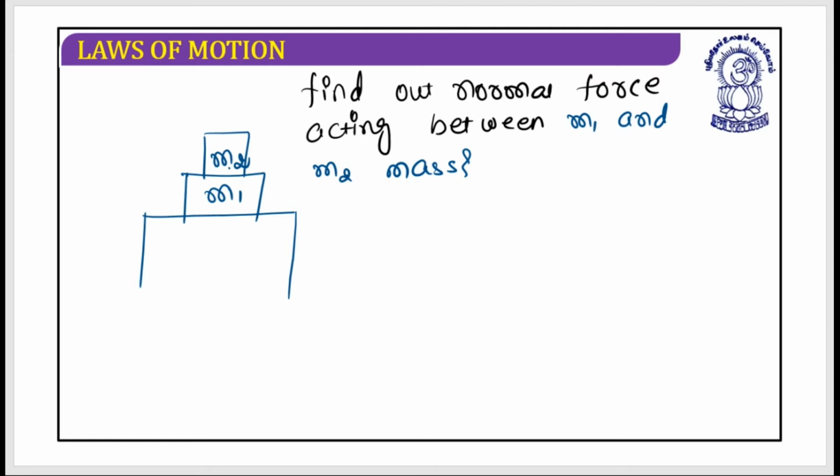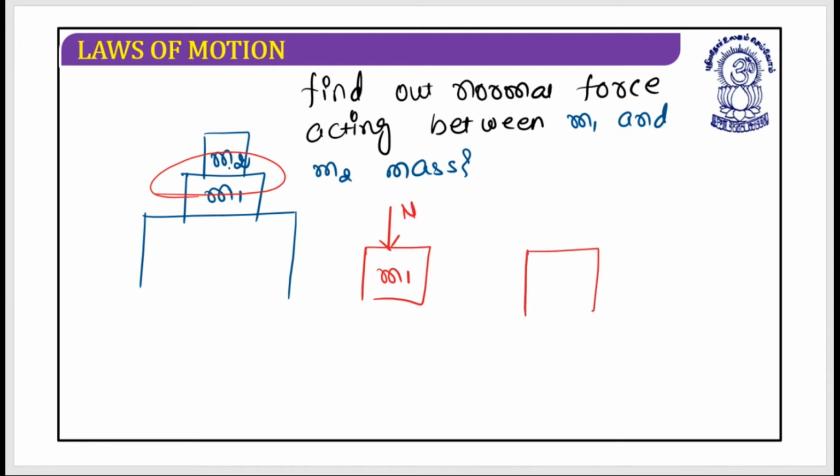So what you need to do is look at this. First, are they in contact? Yes. That means normal force must be there. Let's suppose this is M1, and on this body M2 is acting this force. It's a push kind of force. This is the normal.